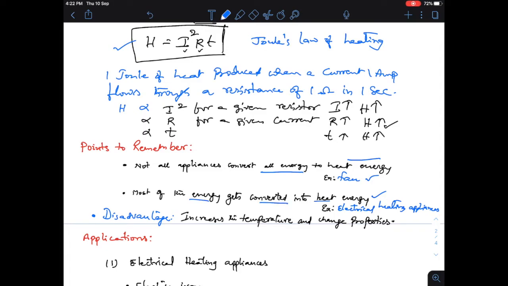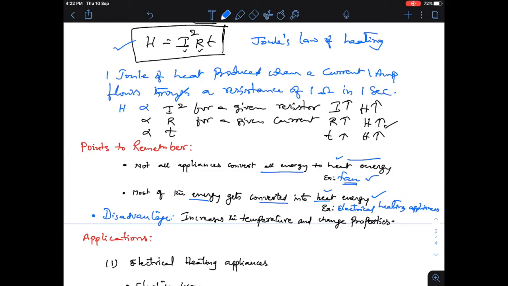So in appliances like the fan, all the energy is not getting converted to heat energy, which we do not want also. And in most electrical heating appliances, most of the energy gets converted into heat energy, which is utilized. And we will discuss some practical applications of that.